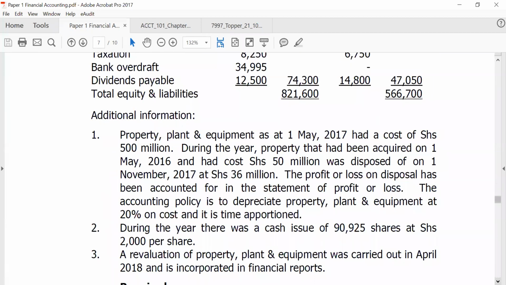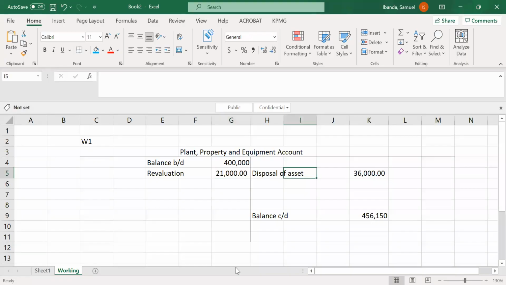So they are telling us here of the depreciation, which is at 20%. So when you come to here, we know very well that we have to look for depreciation, and depreciation would be which side? Depreciation would ideally be on the credit side.